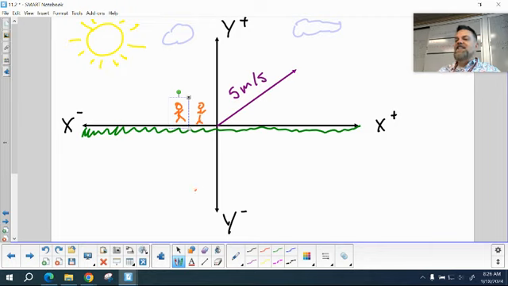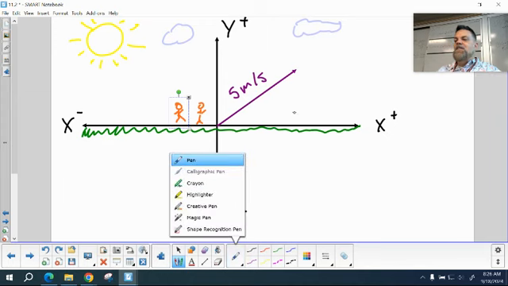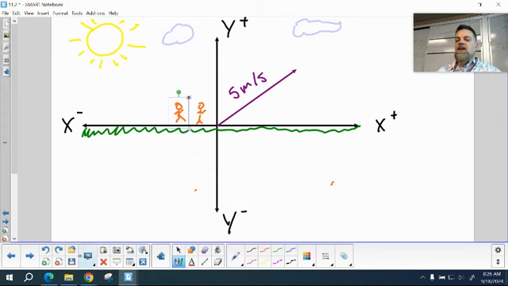In order for us to make our predictions, we're going to have to separate the motion of this t-shirt. This t-shirt leaves the cannon at 5 meters per second, so I've got to figure out what that means. I'm going to separate this motion into two vectors.